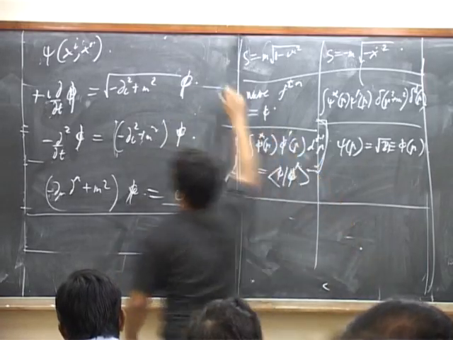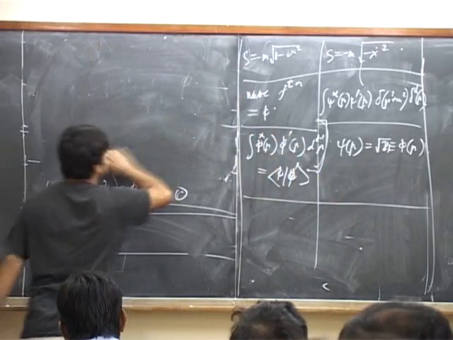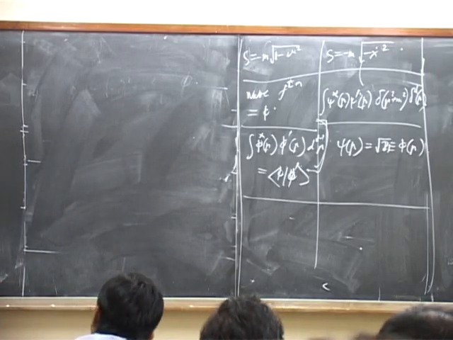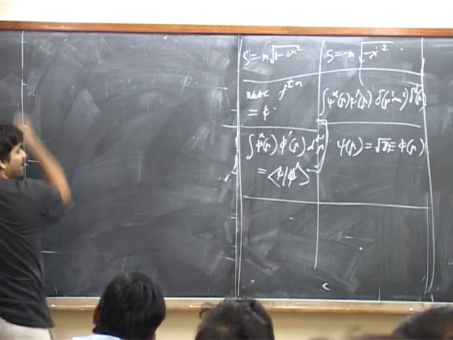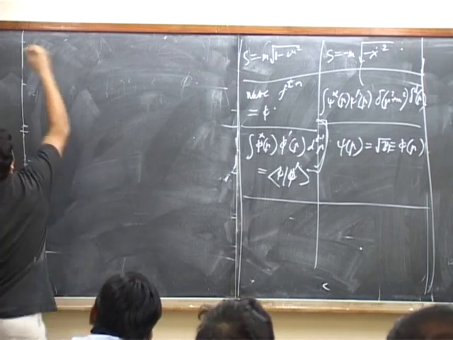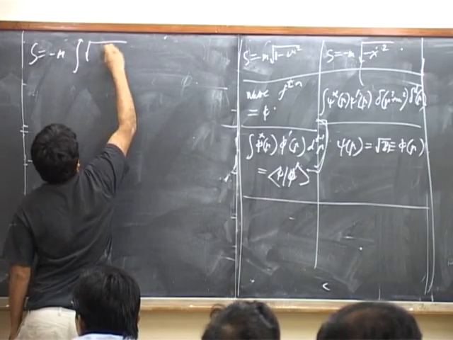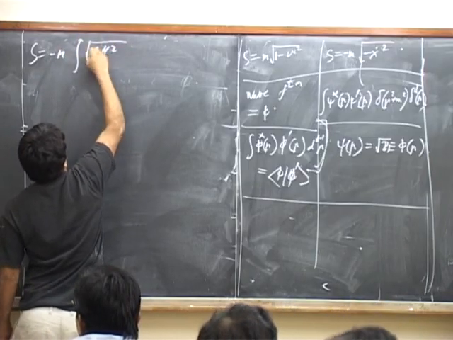So let's continue. The next thing I'm going to do is to take the fancy action and make it even more fancy. The fancy action is minus m square root of minus x mu dot squared.